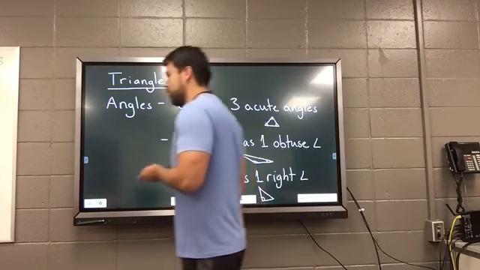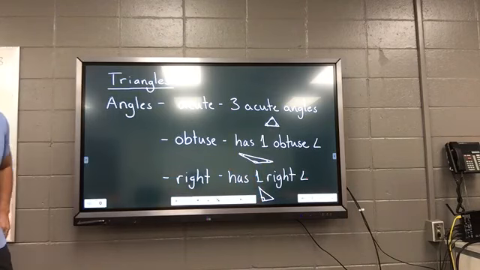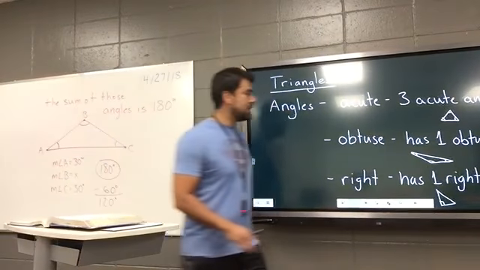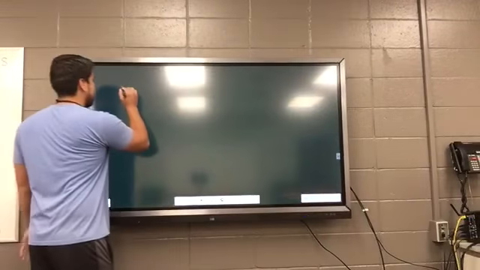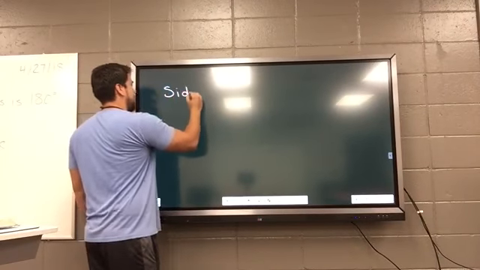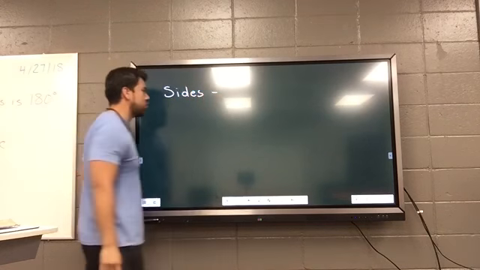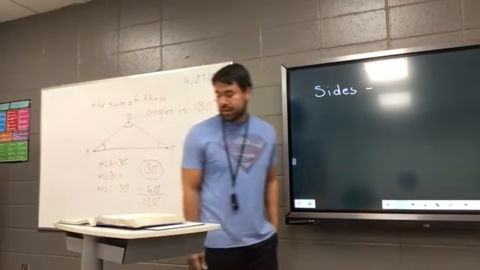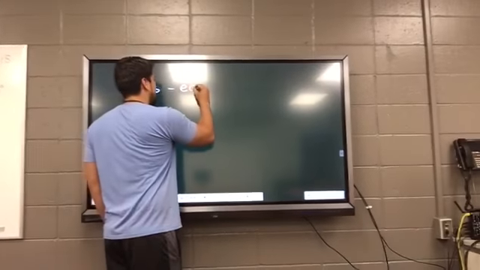Now we're going to finish off with classifying not by the angles, but this time by the, maybe you guys can say it before I write it, sides. I'm going to classify a triangle by its sides. The first one I want to deal with is an equilateral triangle.